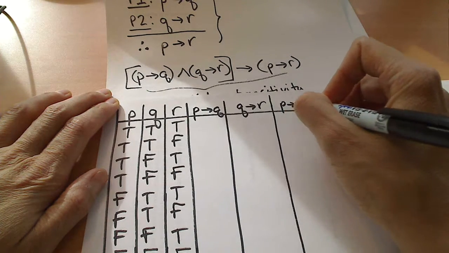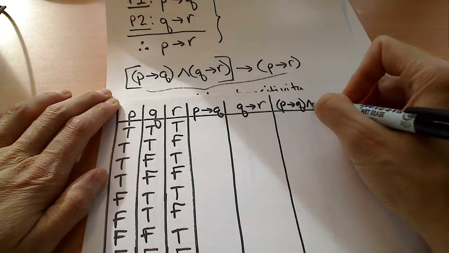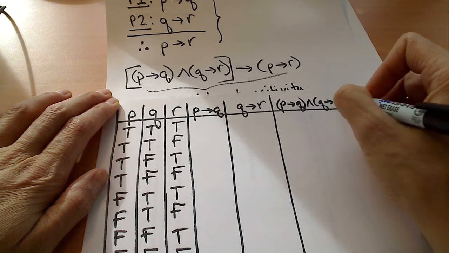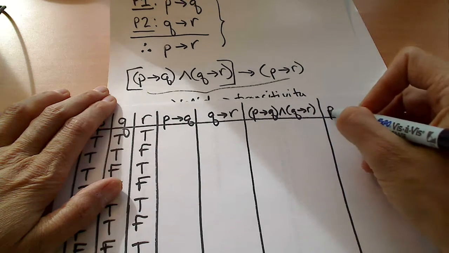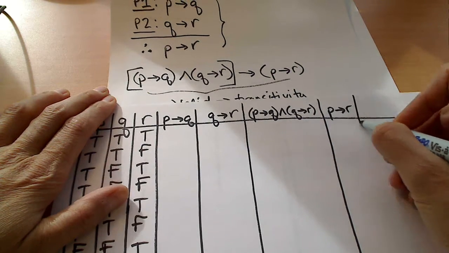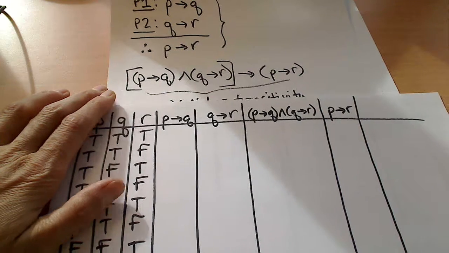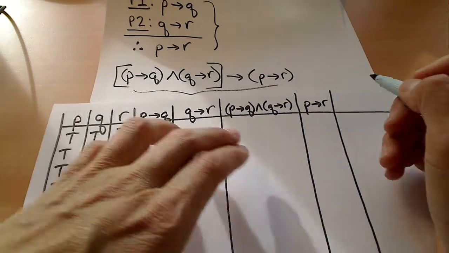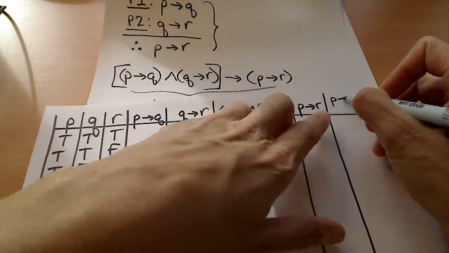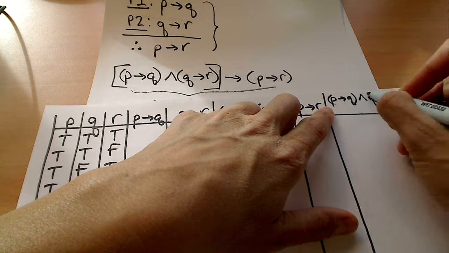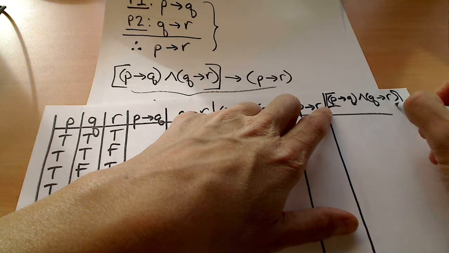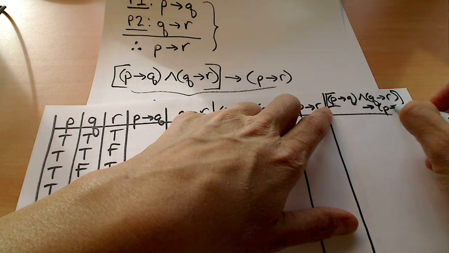So then we can take a look at the P implies Q and Q implies R column. Then we're going to need P implies R. And then we can bring this entire thing together. So this would be P implies Q and Q implies R. Whole thing conditional with P implies R.